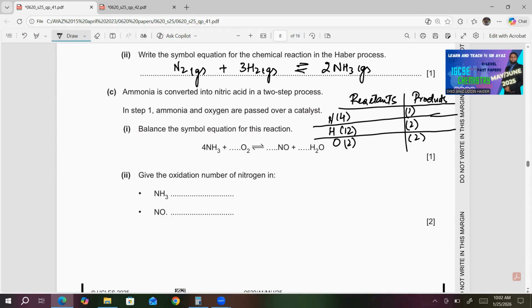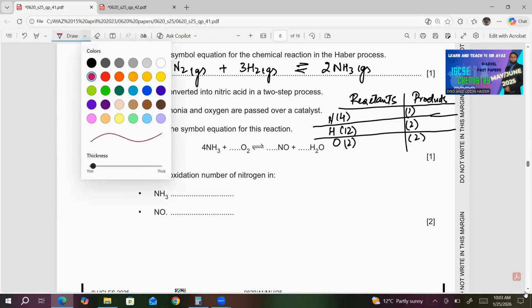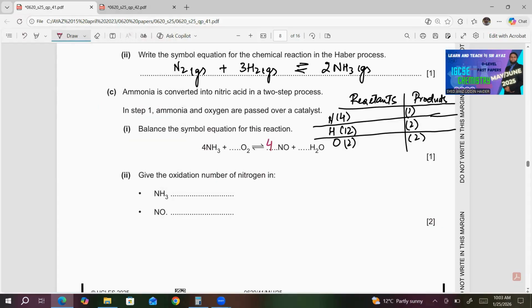So what if I'm going to write 4 before NO? I'm using another color here, 4 before NO. So nitrogen becomes 4 now. Now nitrogen is balanced. What will happen to the oxygen now? 4 plus 1, 5. Oxygen is now unbalanced. We'll come back to oxygen.